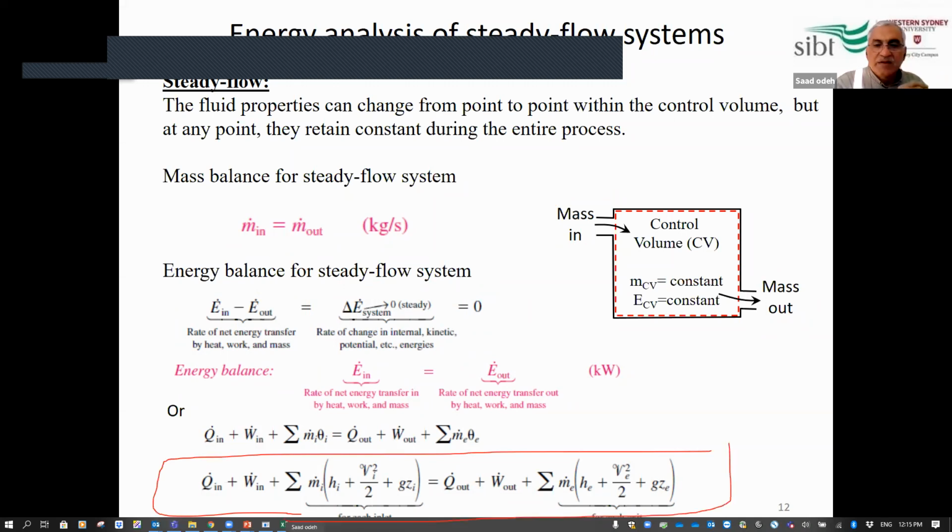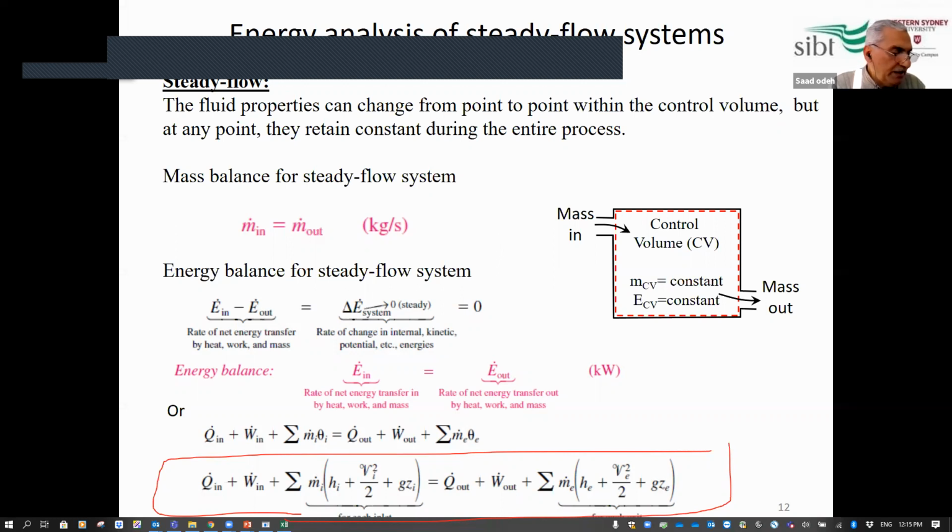As you can see, we have the input heat, input work, plus the total energy input to the system, which must equal exit heat, exit work, plus the summation of all energy exiting the system.